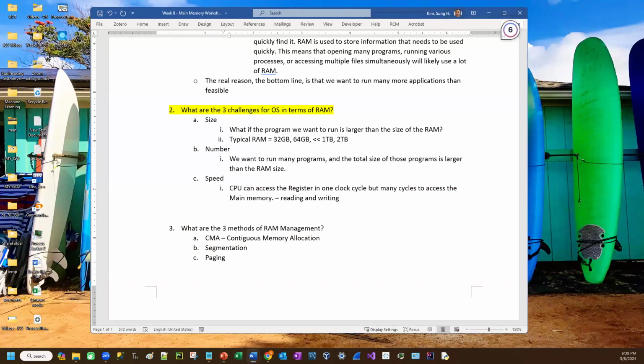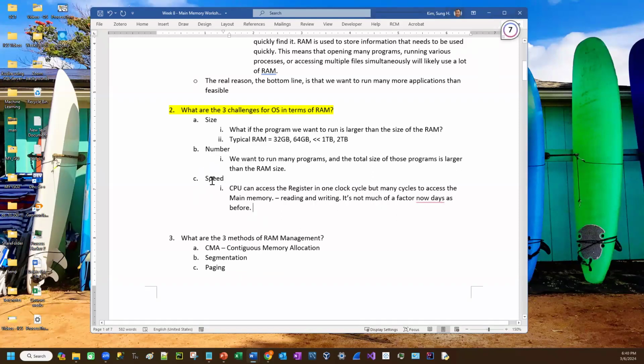Because the only thing that RAM does is house the data. It's not moving. What is moving is the program's ability to read the data as well as write. So that's the speed. But it's pretty fast nowadays, so it's not much of a factor as before. But it is still limiting, because depending on what you get, that might impact what you do.